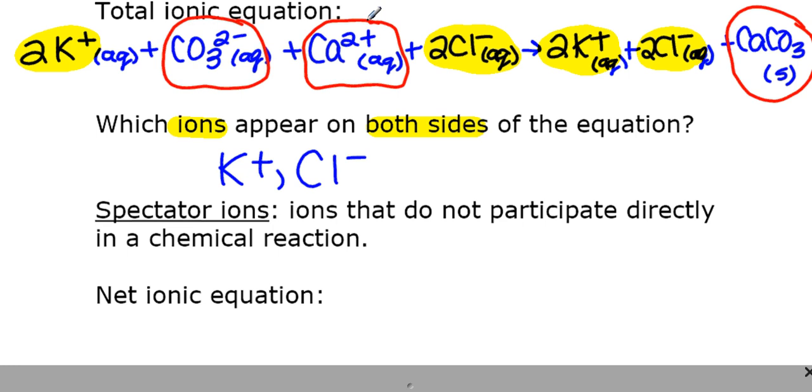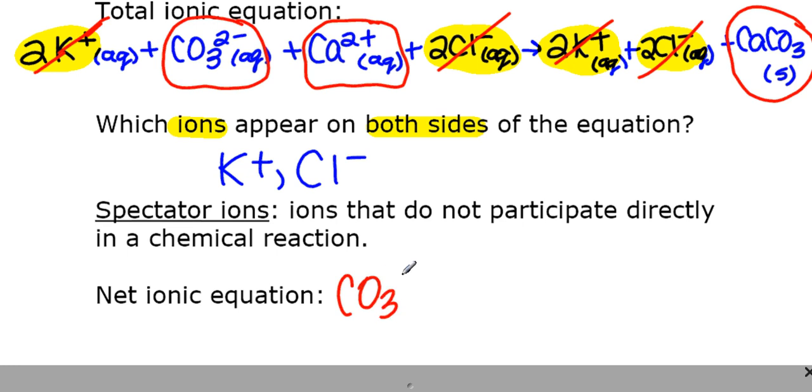So when we write out the net ionic equation, essentially what we do is we're going to keep everything that goes into making the new product, and the spectator ions essentially get canceled out. There's two on one side, there's two on the other for potassium. Two on one side for chloride and two on the other. So anything that's left over goes into your net ionic equation.